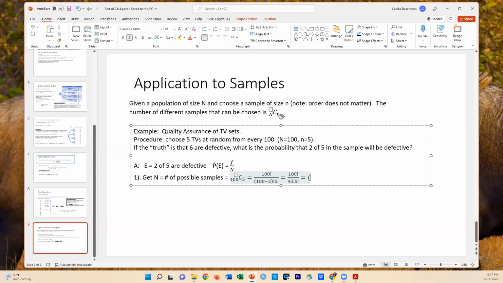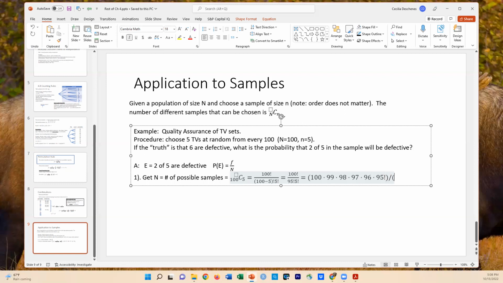If you simplify it down, you will see that it's going to be 100 times 99 times 98 times 97 times 96. So tedious. Times 95 factorial.